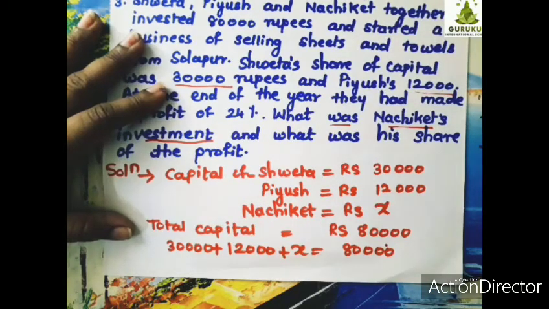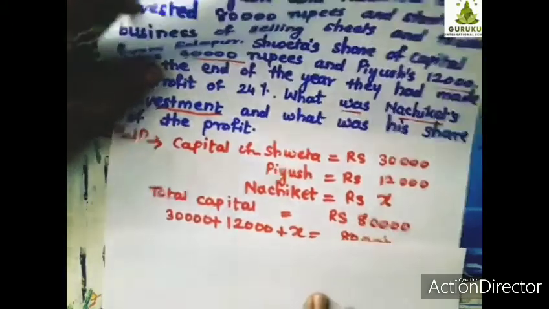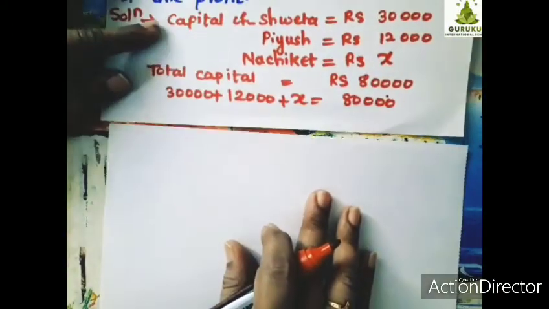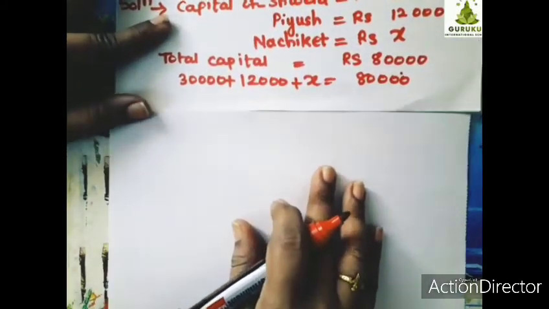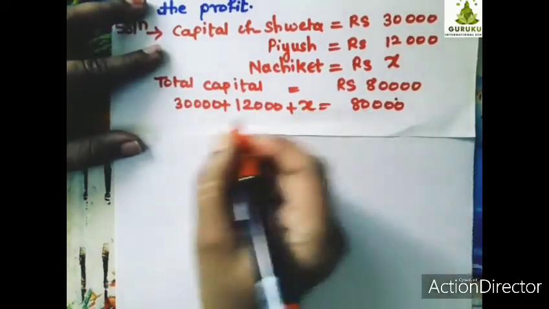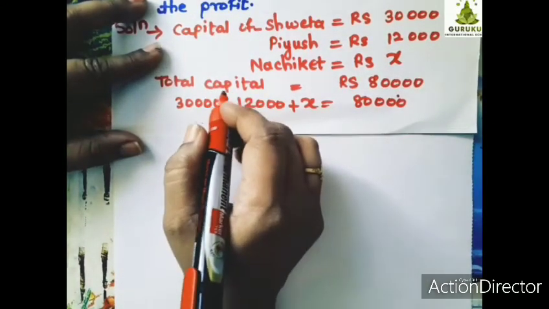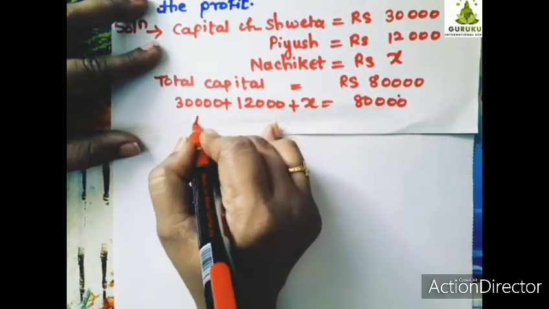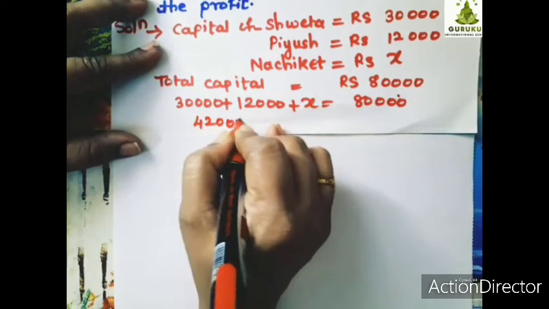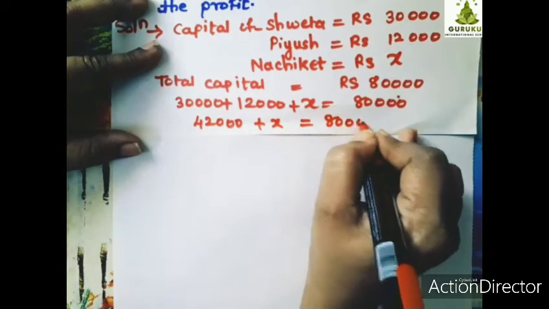We have to find out the value of X. So 30,000 plus 12,000, it will be how much? 30 plus 12, 42,000. 42,000 plus X is equal to 80,000.